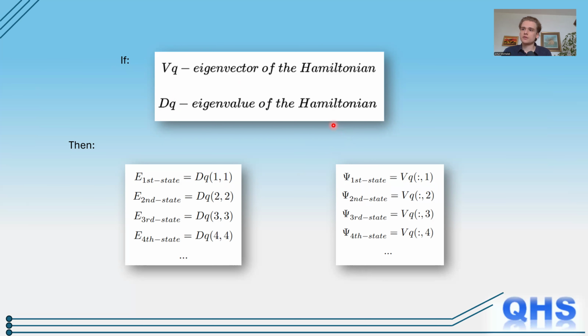The energies of the quantum states will be equal to the values on the main diagonal of matrix DQ. And the wave functions of these states will be given by the rows of matrix VQ.